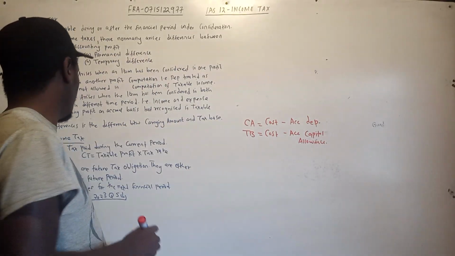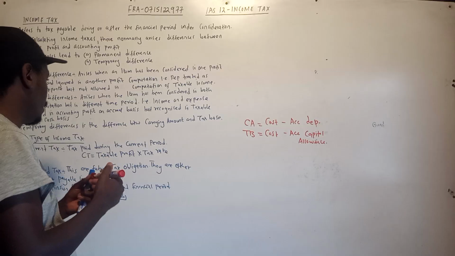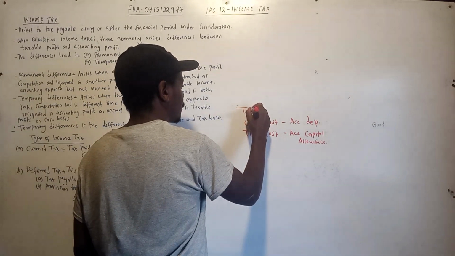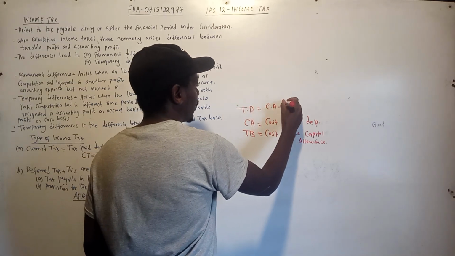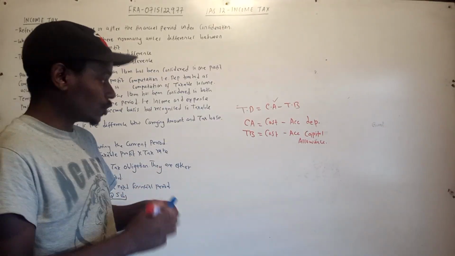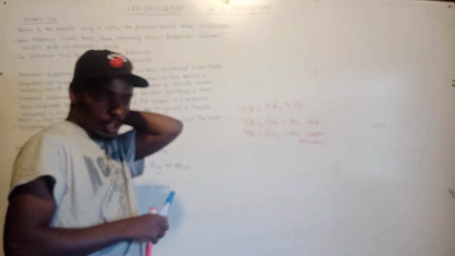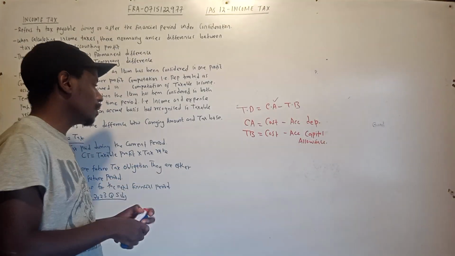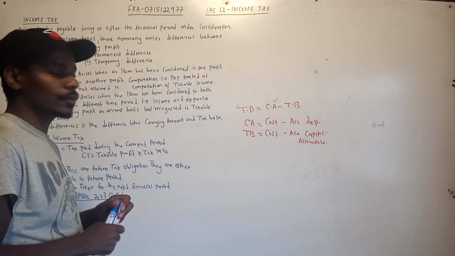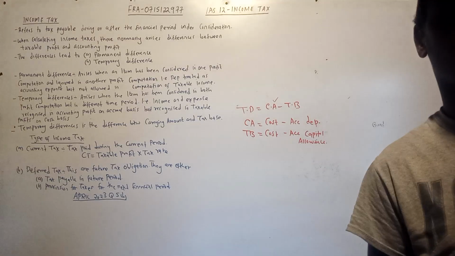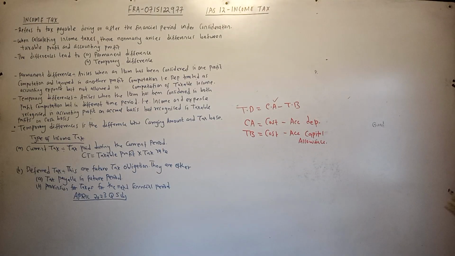So that's how you get the tax base. The temporary difference is equal to the carrying amount minus the tax base. In case they ask you to define carrying amount, you shall say that the carrying amount is the difference between the cost and the accumulated depreciation, while the tax base is the difference between cost minus accumulated capital allowance.